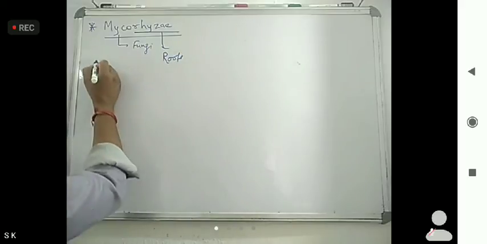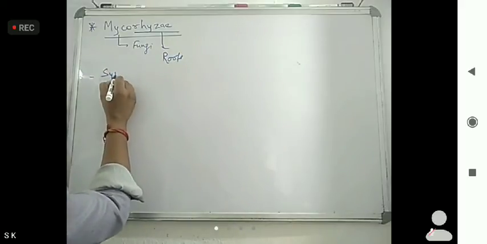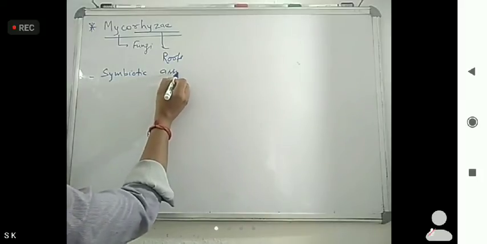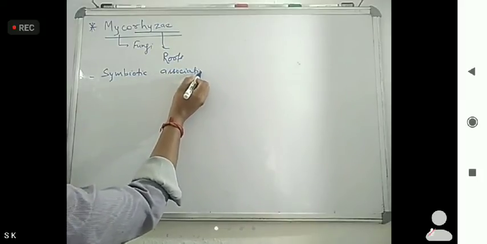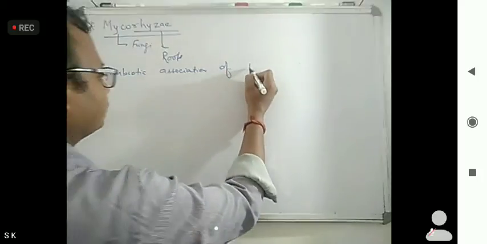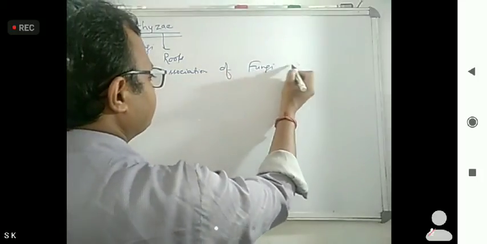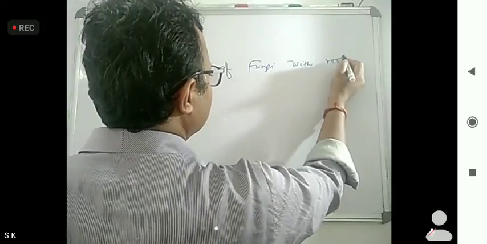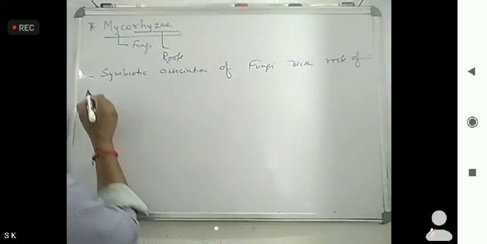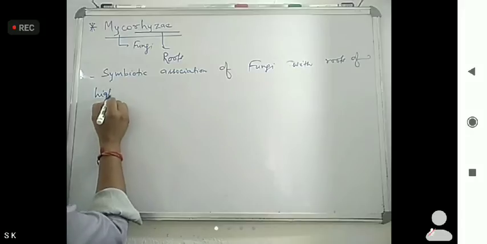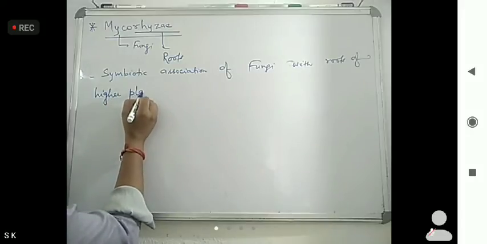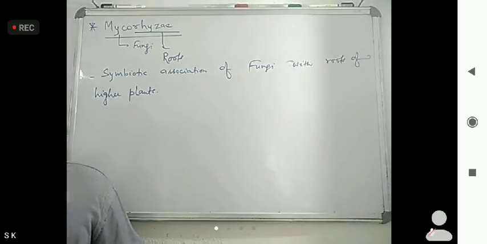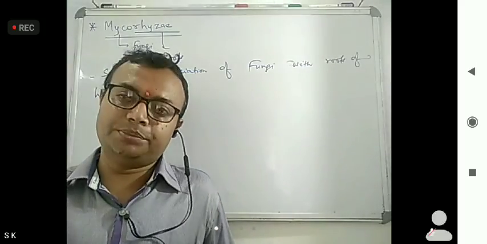So what we can say is a symbiotic association of fungi with roots of higher plants. That is known as mycorrhizae. Now, it has two types.